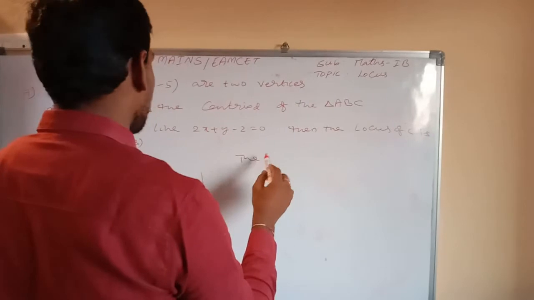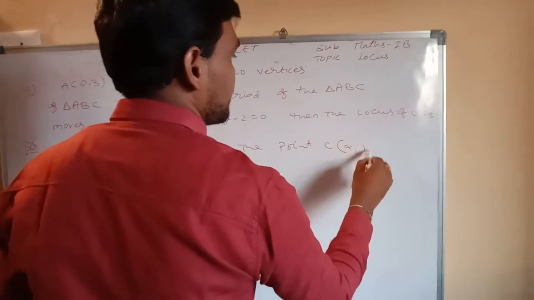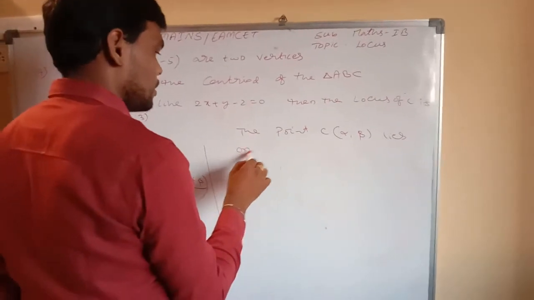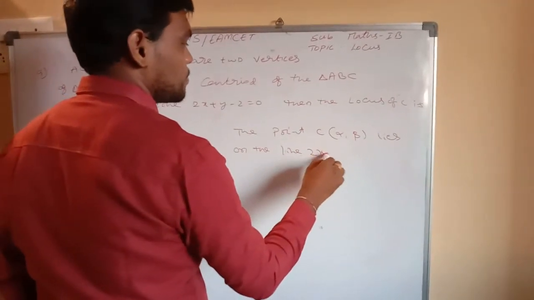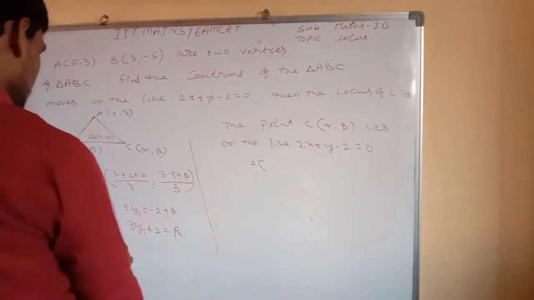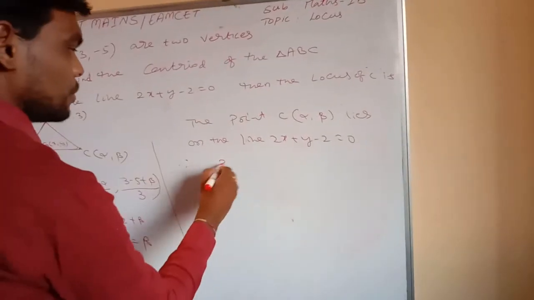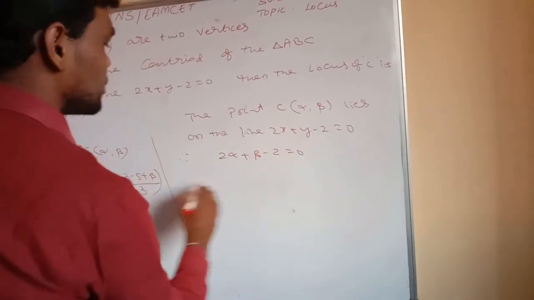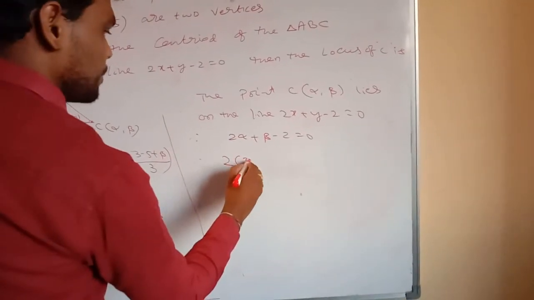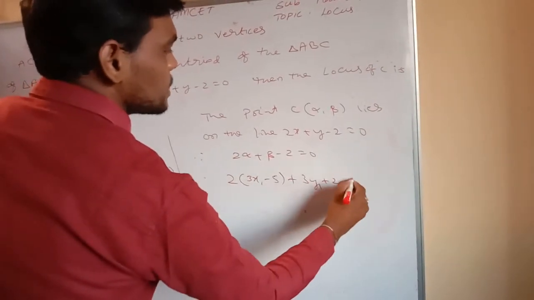For the locus of C, the point C(alpha, beta) lies on the line 2x plus y minus 2 is equal to 0. So 2 alpha plus beta minus 2 is equal to 0, and substituting these values in this equation: alpha is 3x1 minus 5, beta is 3y1 plus 2, so 2 into (3x1 minus 5) plus 3y1 plus 2 minus 2 is equal to 0.